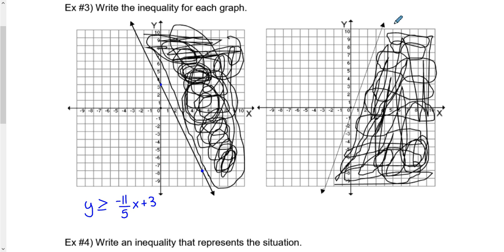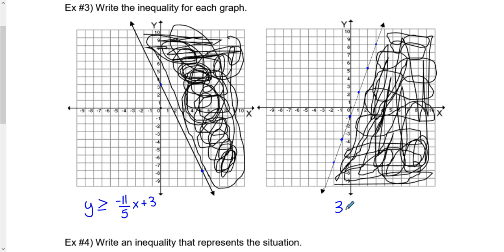Alrighty. This one looks pretty much the same, but at the same time it is slightly different. It's still a line. Our y-intercept is -1, and it looks like I was actually able to make this line look somewhat nice. Looks like our slope will be a rising 3, running 1.